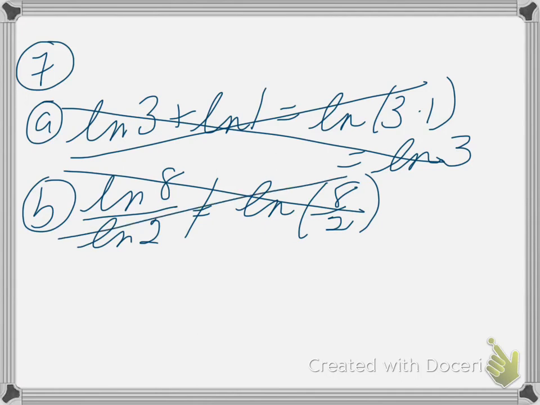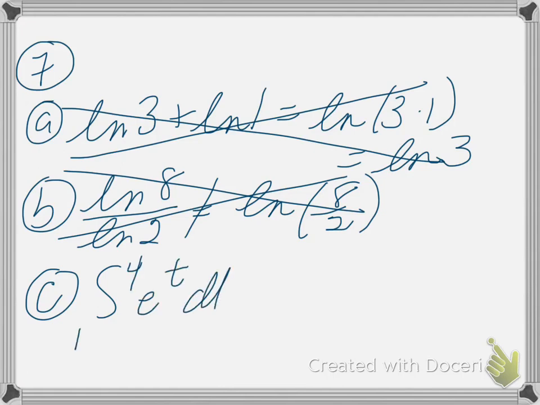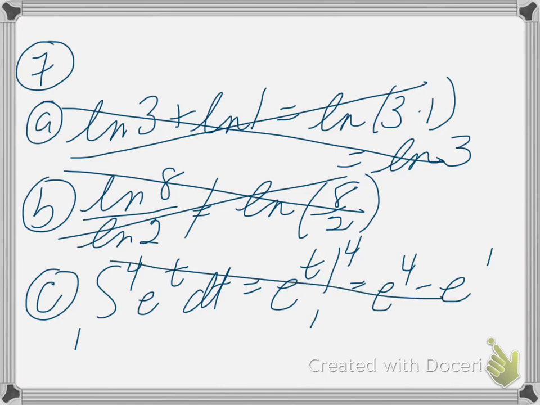Forget that. Okay, for C, it's the integral from 1 to 4 of e to the t dt. So the antiderivative of e to the t is e to the t as it goes from 1 to 4. This gives you e to the 4 minus e to the 1. And I don't know how that is possibly ever going to equal ln of 4, so C is out.